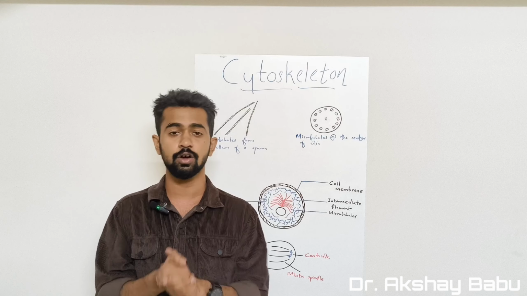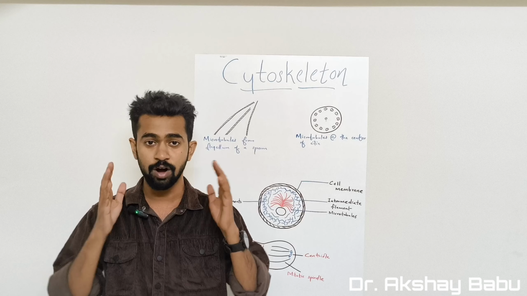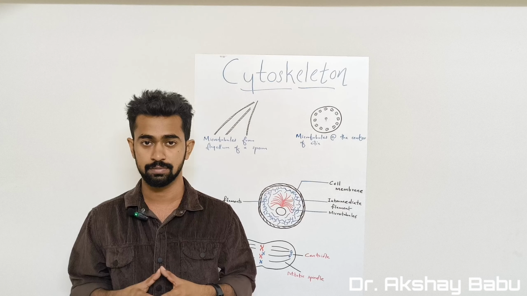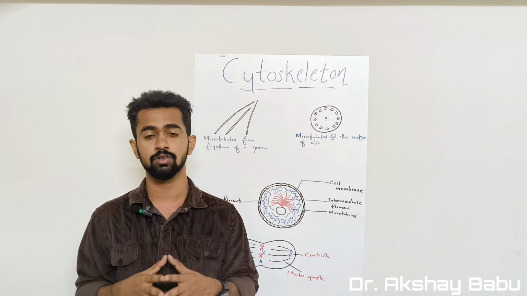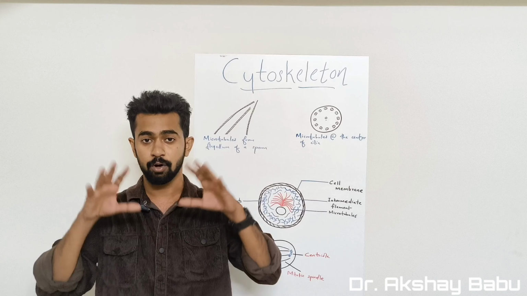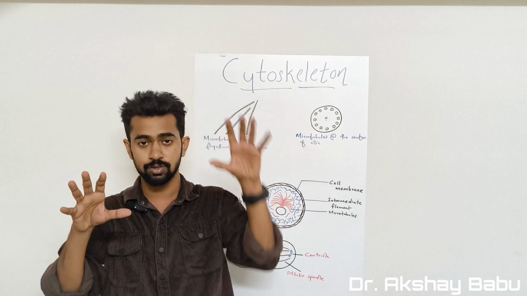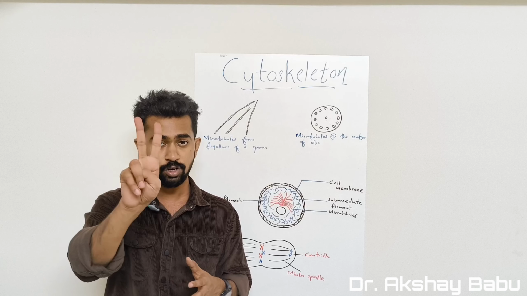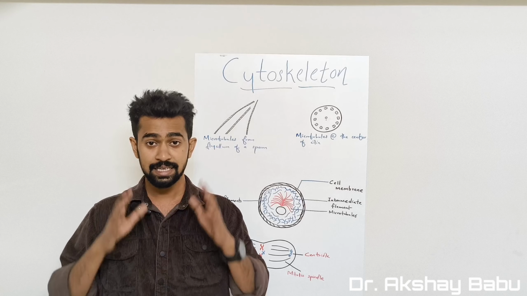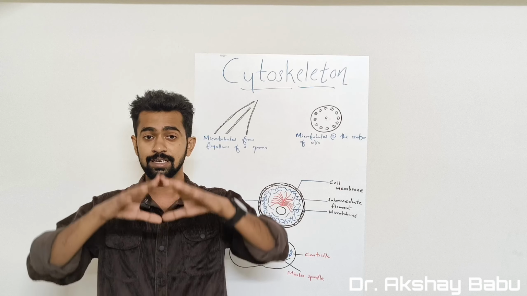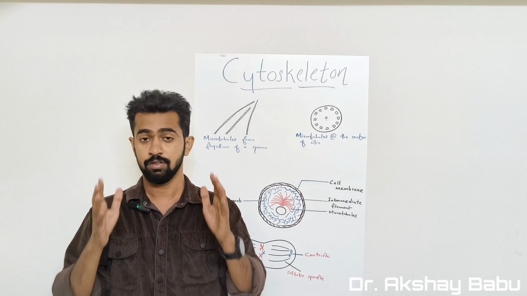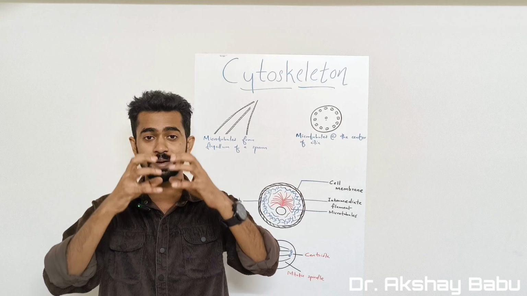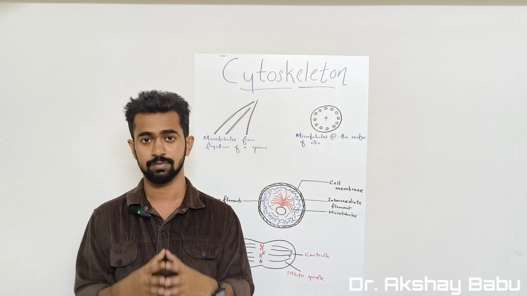So the primary function of these microtubules is to function as cytoskeleton. The first function of this microtubule is that it provides rigid physical structures for certain parts of the cells. Second, since these microtubules are present over the cytoplasm, they also participate in cell division.